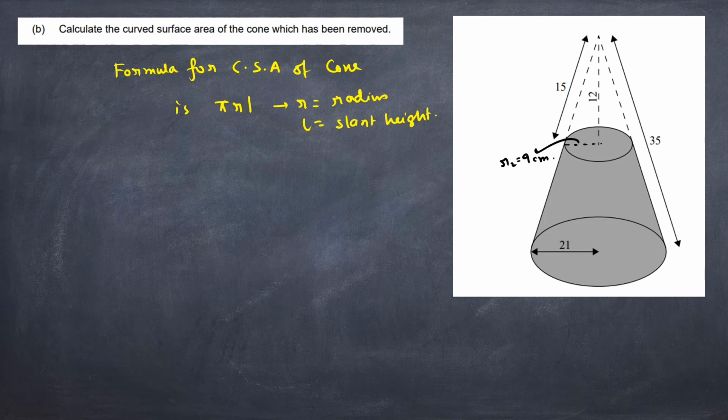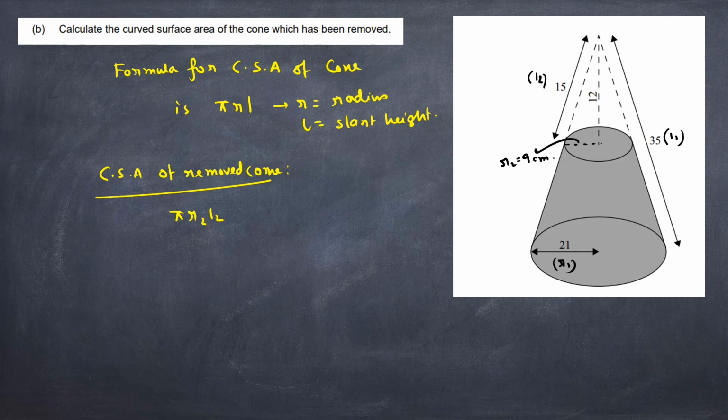So the curved surface area, CSA of removed cone, will be pi R2 L2, because we have another slant height, which we will name L1 in the next problem. This slant height is L2, this radius is R1 and this radius is R2.